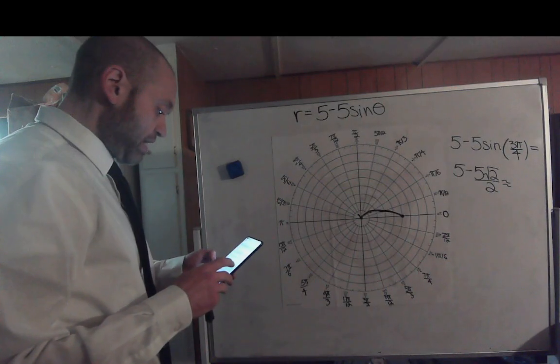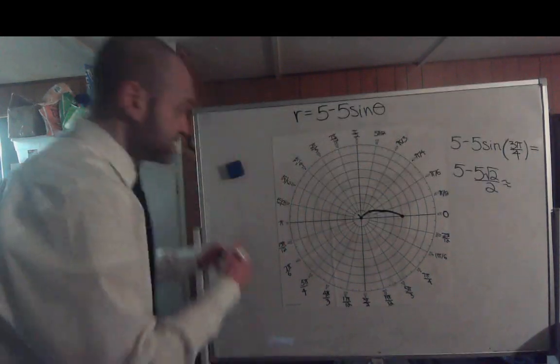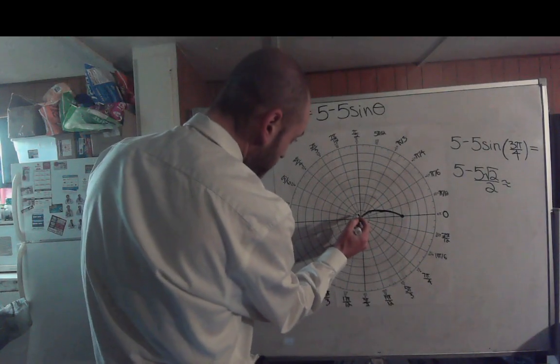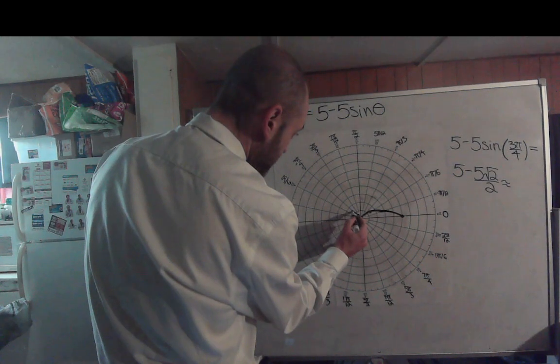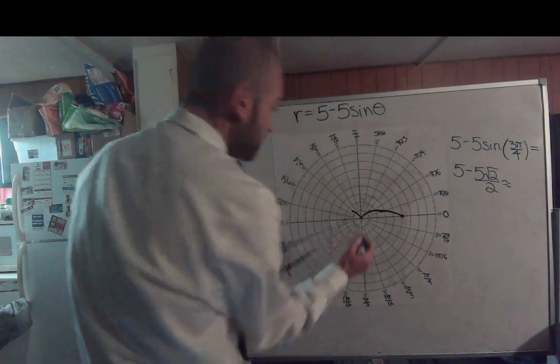We should be at about 1.46, so at 3 pi over 4, we'll be about right there. So let's connect what we've gotten so far.